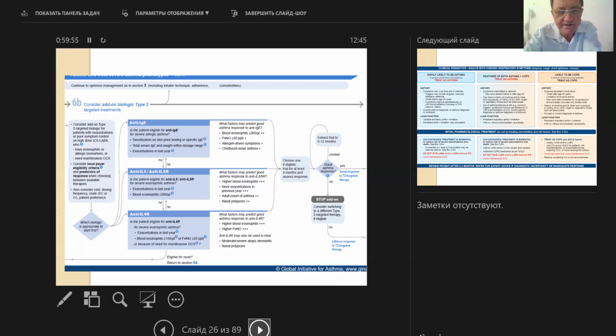In this type of higher T2 inflammation, eosinophil levels are greater than or equal to 250 cells per microliter. Also, the concentration of nitric oxide in exhaled air is greater than 20, and there are allergen-driven symptoms and childhood onset of asthma. In this situation, we can prescribe omalizumab.